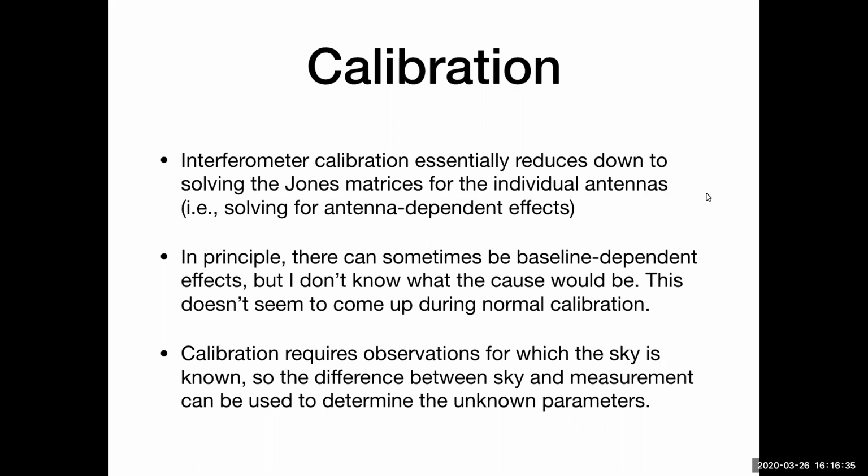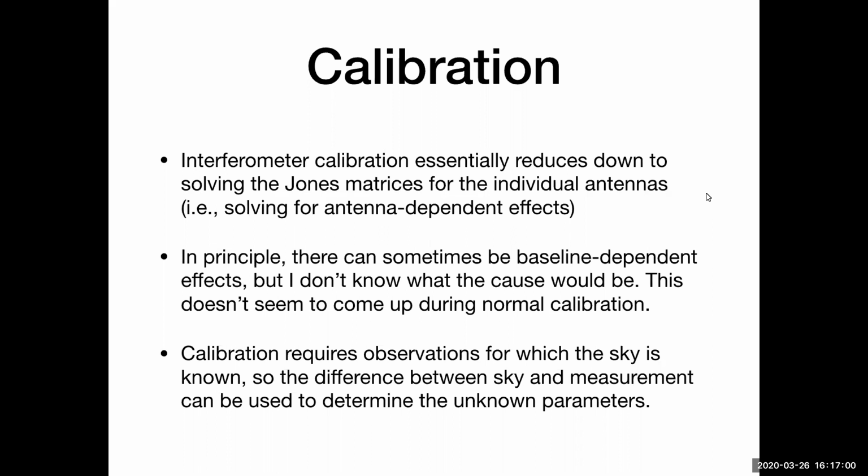In theory, you can have baseline dependent effects, where something affects only a single pairing of two antennas, whereas those two antennas paired with other antennas aren't affected. But that's not very common. I don't actually know what the physical origin of baseline effects are.